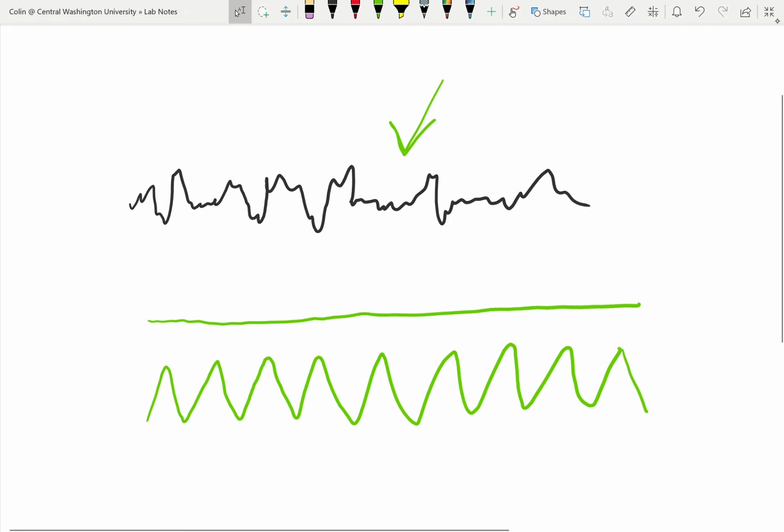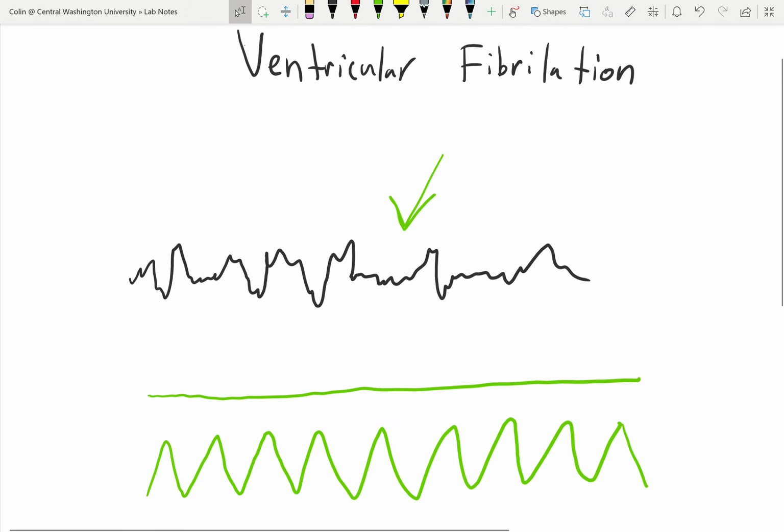I think it should be the case for you too that these all look different from each other. It'd be hard to make the mistake of saying Vtach looks like VFib. Well, no, Vtach looks like a bunch of triangles. Asystole is just a flat line. VFib is just all over the place, right?